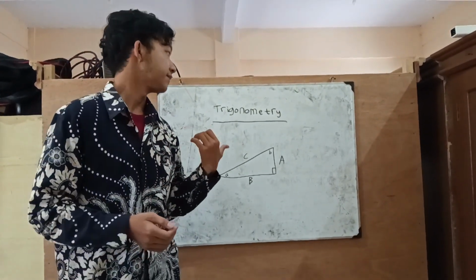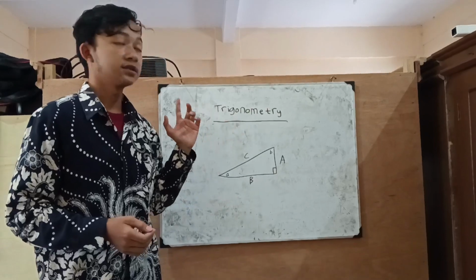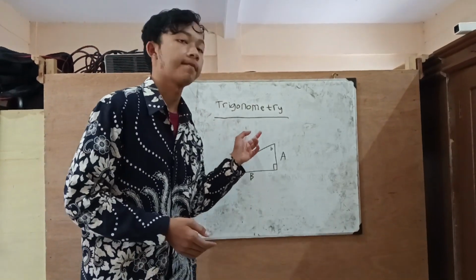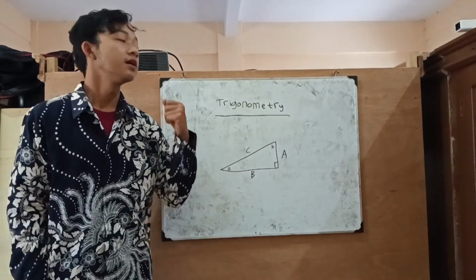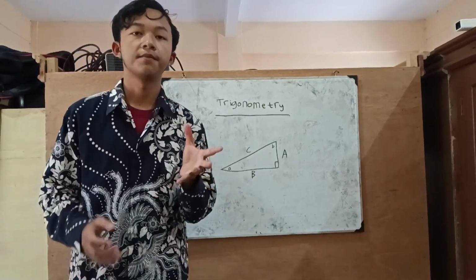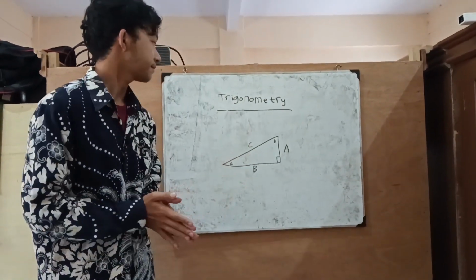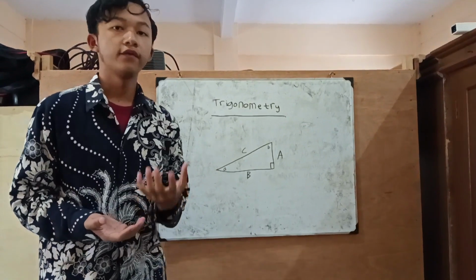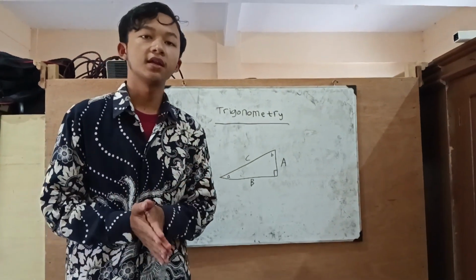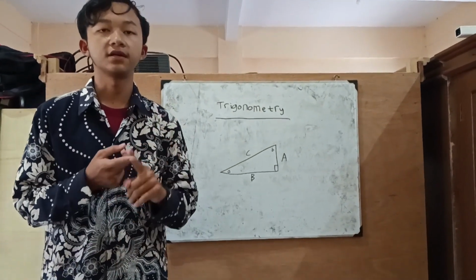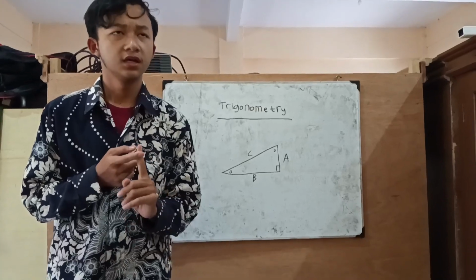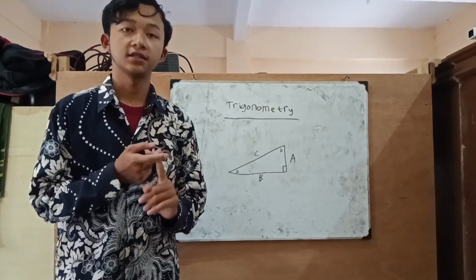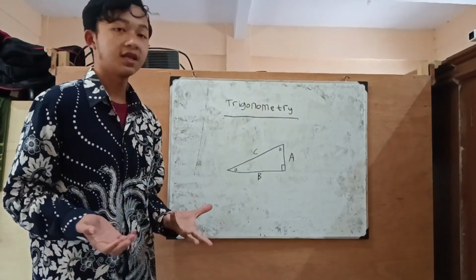Well, let's get started with our lesson for today. Our lesson for today is trigonometry. What is trigonometry? Trigonometry is the study of the measure of angles. So, if you have right angles, you can know two things. The first is the length of the sides. What are they?